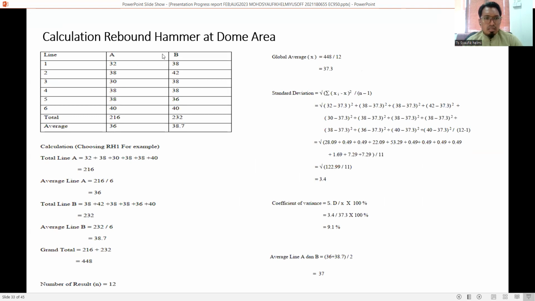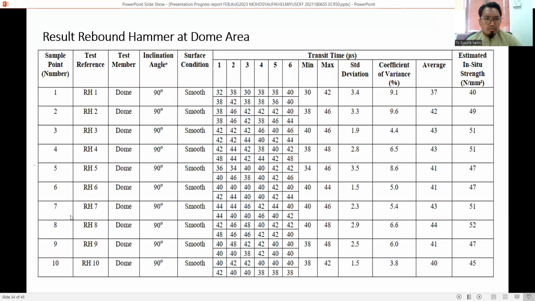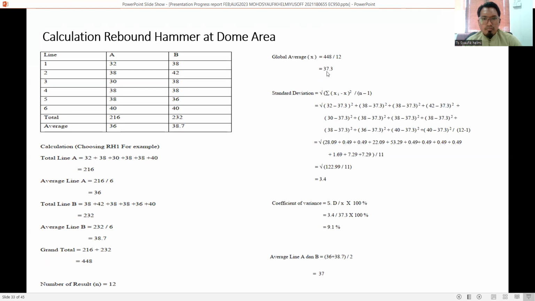This is the rebound hammer calculation at the dome area, with line A and line B. Regarding this, we have 12 data collections. For line A and line B, the average we got is 37.3, the standard deviation we got is 3.4, and the coefficient of variation is 9.1%.